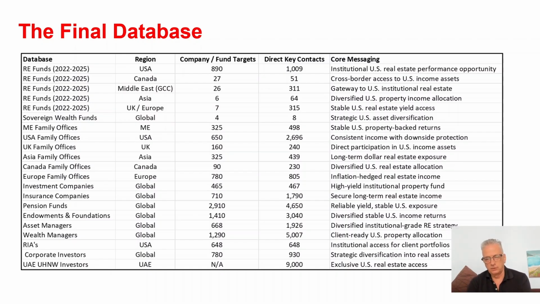One of the filtering processes was that they all had to invest in real estate in the sector that my client is in, so it's very, very refined. It also includes insurance companies, pension funds, endowments and foundations, asset managers, wealth managers, RIAs, corporate investors, and again, a private ultra high net worth investor database that is very, very rare.